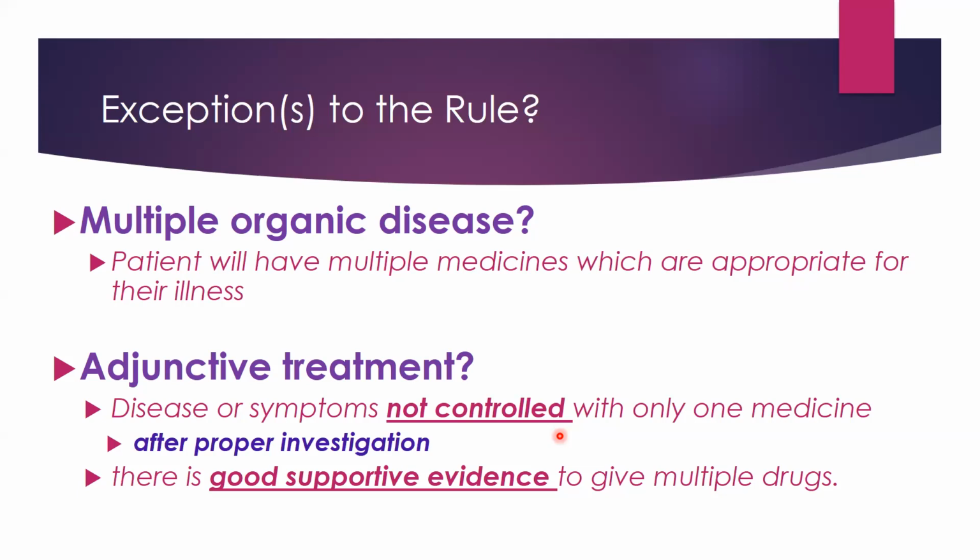Adjunctive treatments are used for certain diseases, for example, those who have dementia or those on chemotherapies, when the symptom is not well controlled by one medicine, and if we can fully assure that the patient is fully compliant and adherent to their medication.